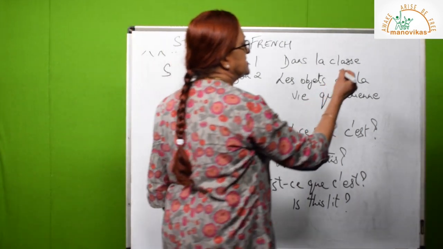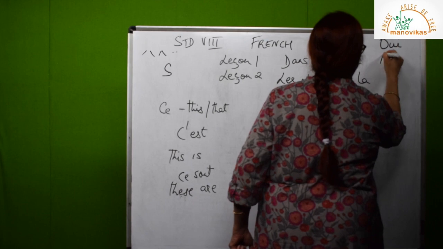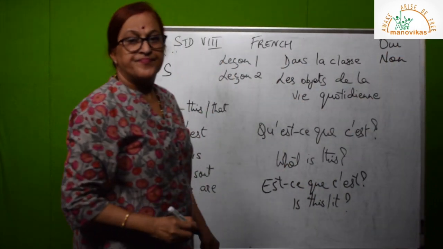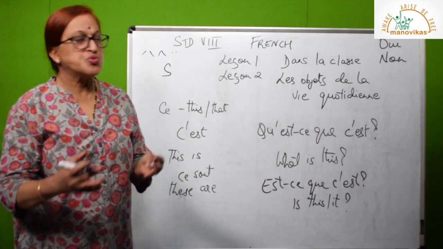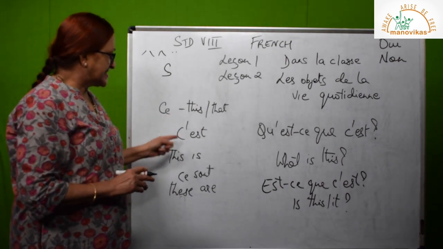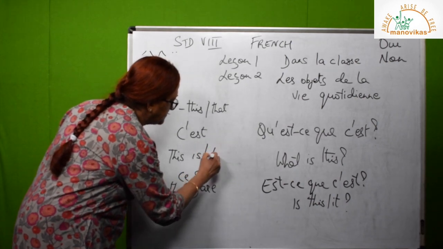Plus we have learnt answers. Oui for yes and non for no. So now you know how to ask a question and how to answer. Plus we have learned c'est. C'est means this is or it is.